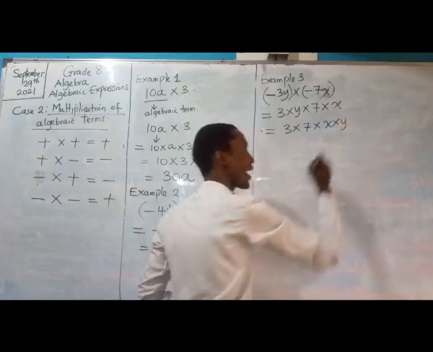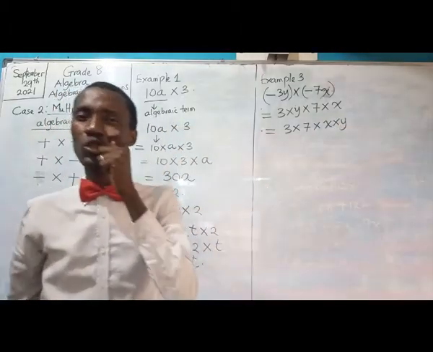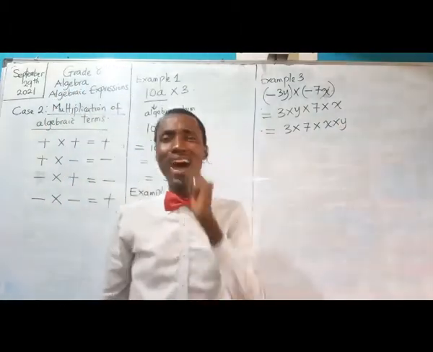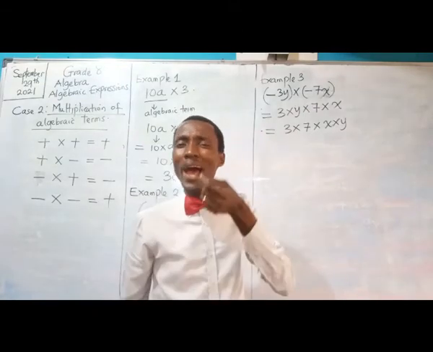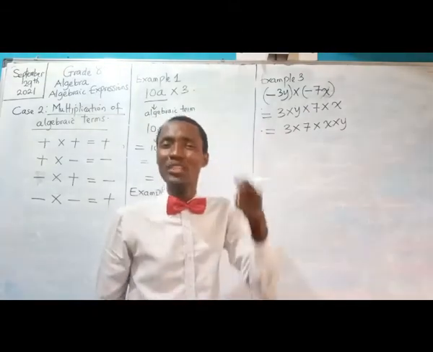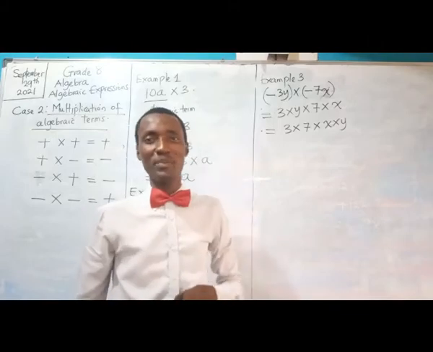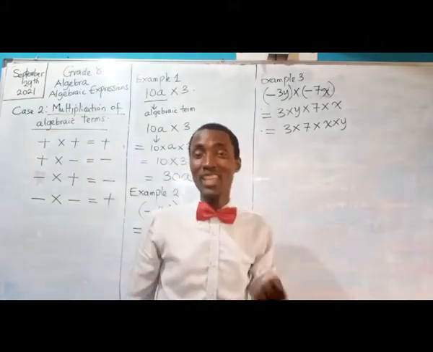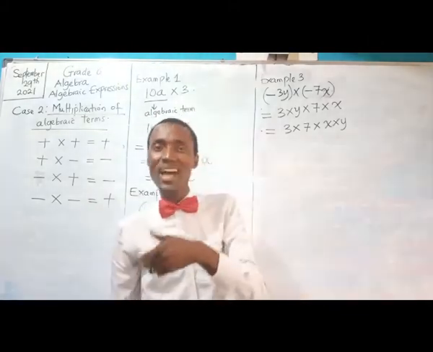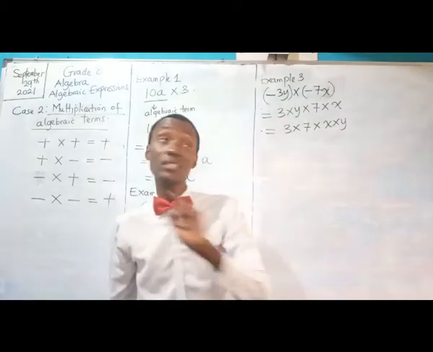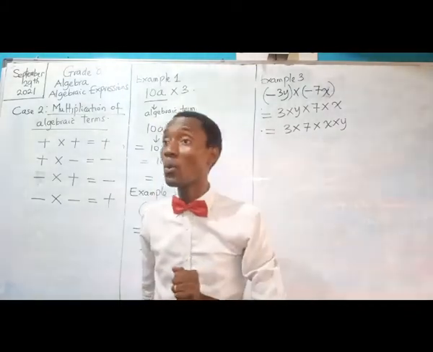Now the next thing I do is to arrange this: 3 times 7 times x times y. Here you must learn something. When we write our answers in math, we write in the order of the letters of the English alphabet. What that means is this. X must come before y.